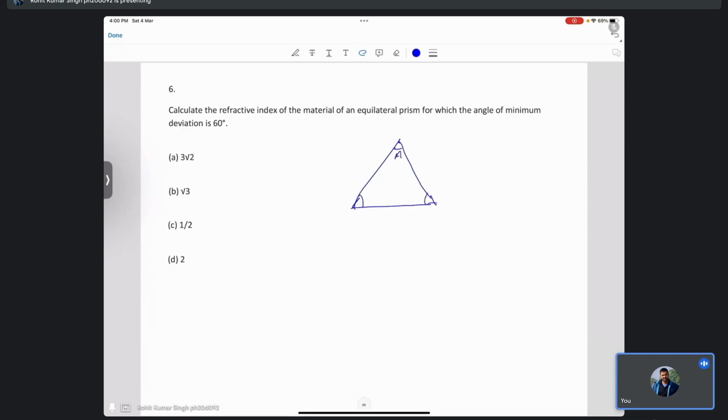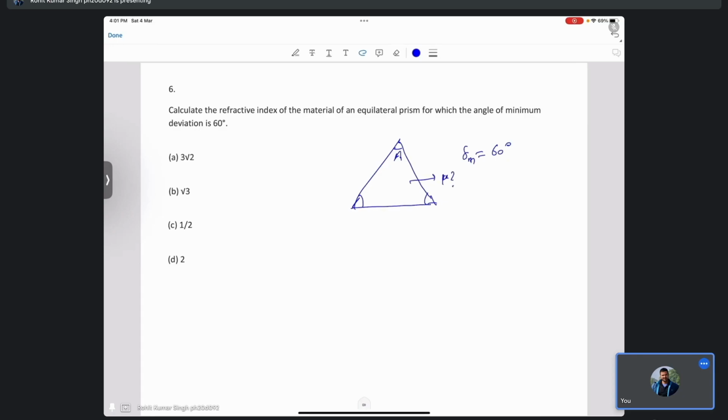So here also, this surface of the prism that I am drawing, all the sides and all the angles will be the same. Okay, and here we have been given the angle of minimum deviation, which is 60 degrees, and we are asked what is the refractive index of the material.